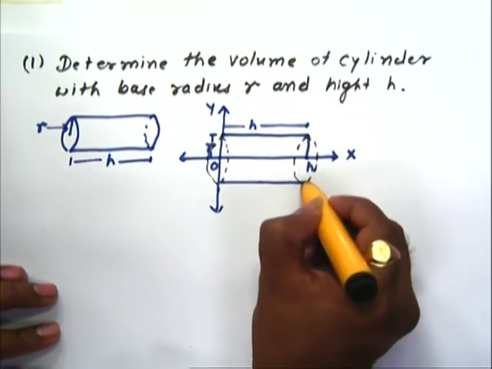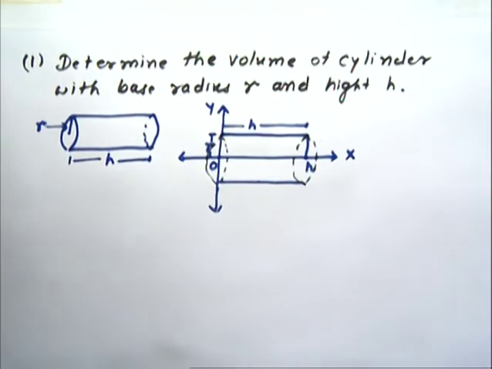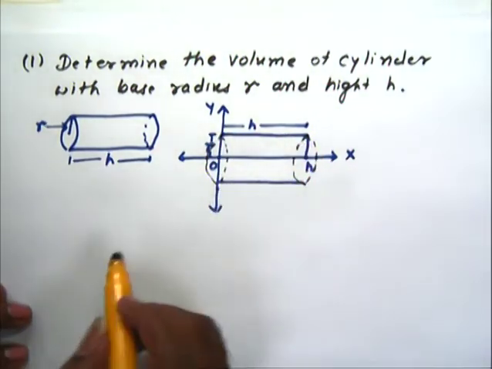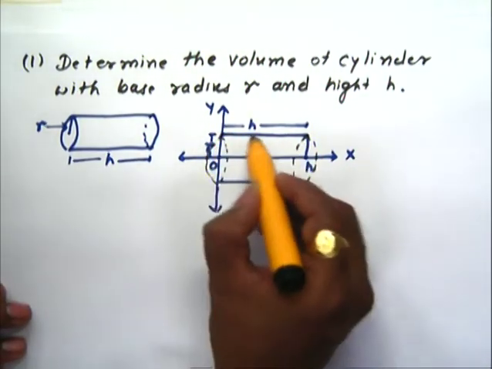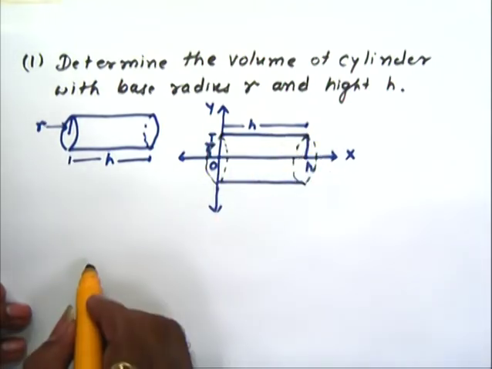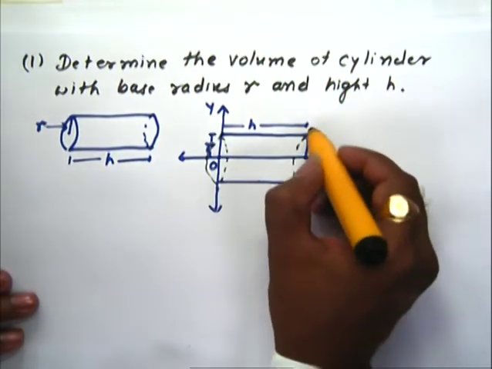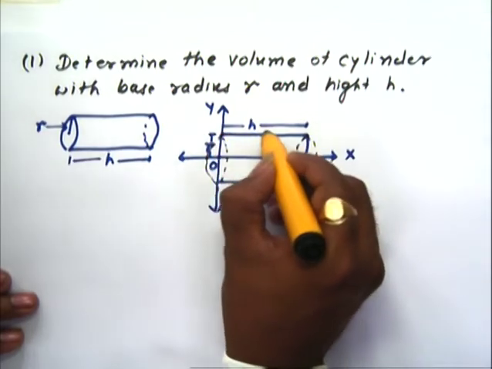Solid of revolution means cylinder of radius r and height h. So first of all we have to find the function this.